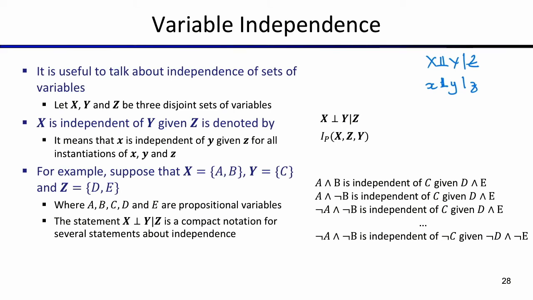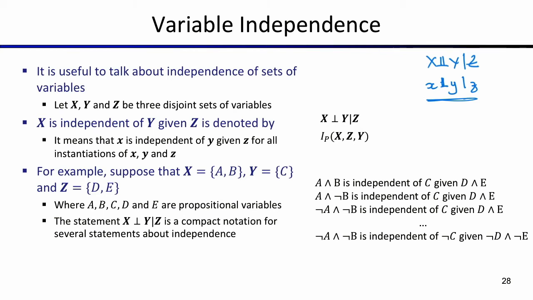If that holds for every possible instantiation, then the variables will be independent or conditionally independent. So we can understand that this notion of independence or conditional independence is stronger for variables than it is for events.